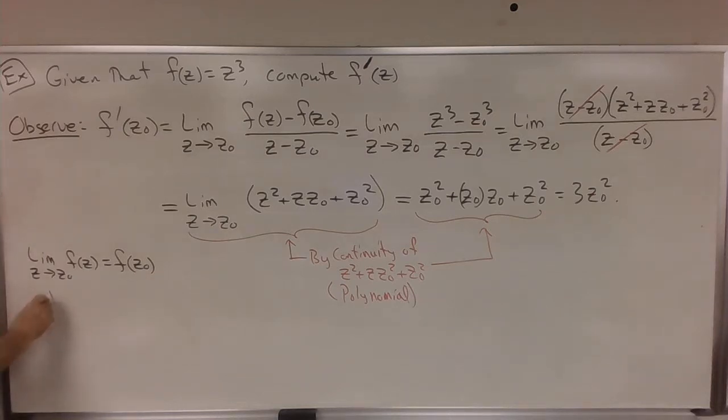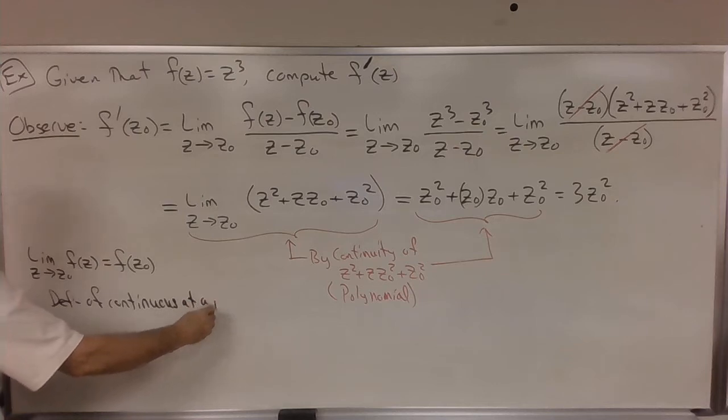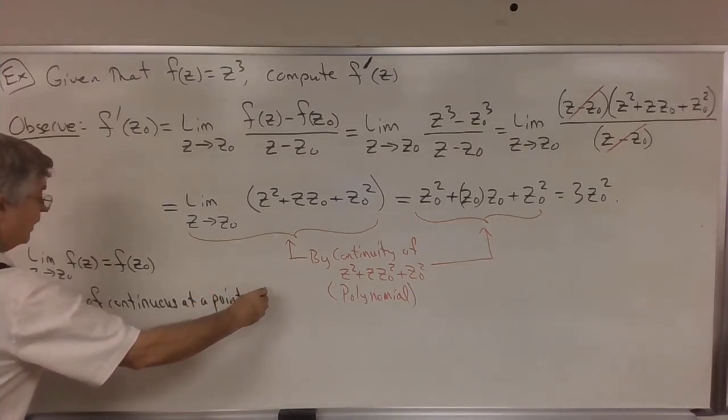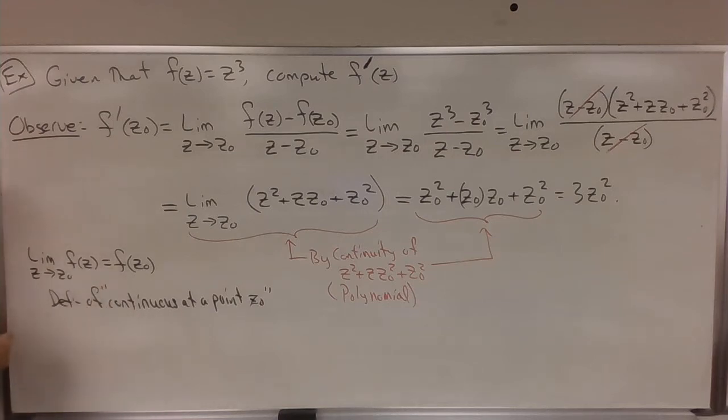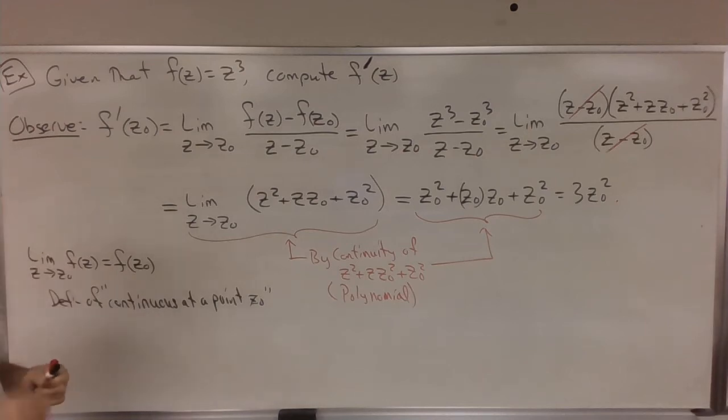So the consequence is we can compute the limit of a continuous function by plugging in the value that z approaches, which is what we did.